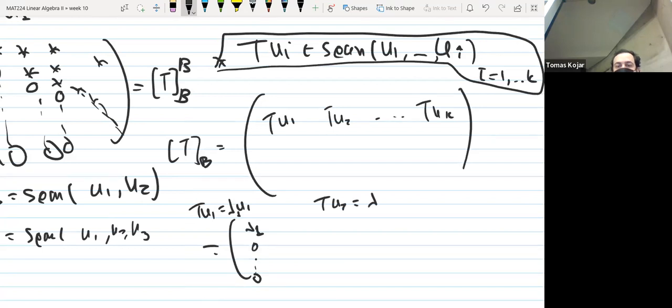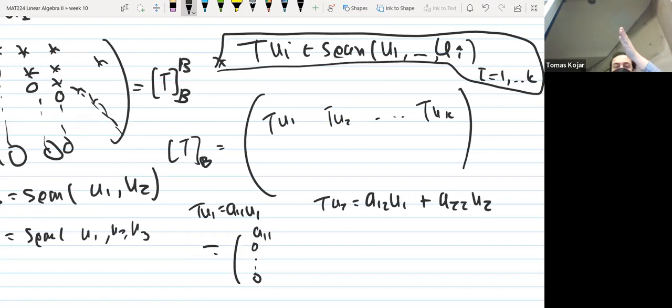TU_2 is equal to, let me put a_ij actually, a_11 U_1. TU_2 is a_12 U_1 and a_22 U_2. So a_12, a_22, and then zeros. You keep doing this and you get your upper triangular matrix.